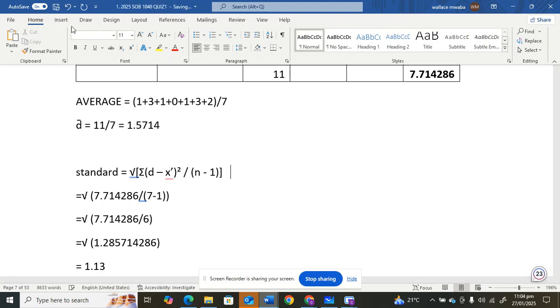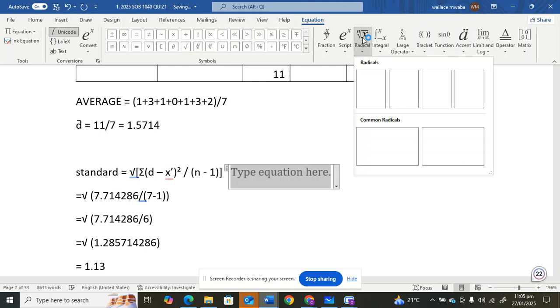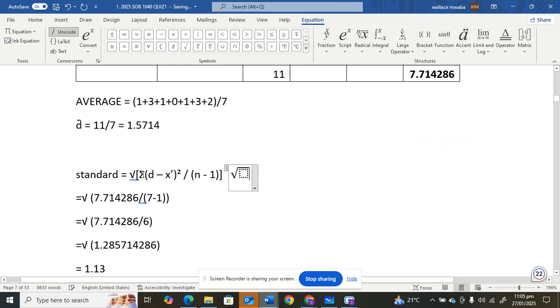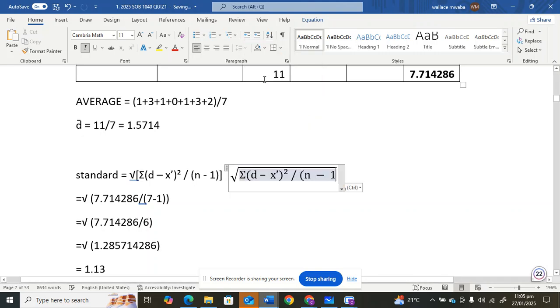So it's the root of everything, colleagues, not just the top number. Yes, like this.